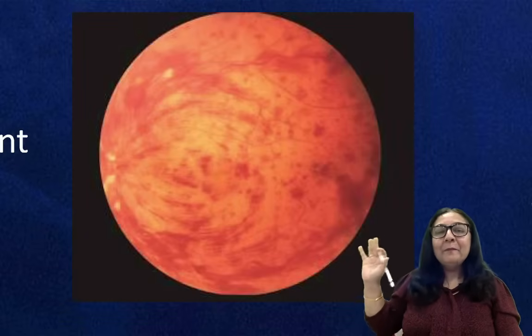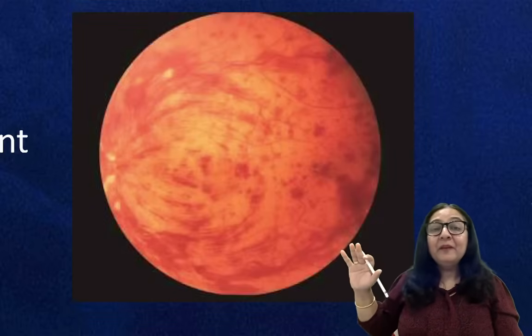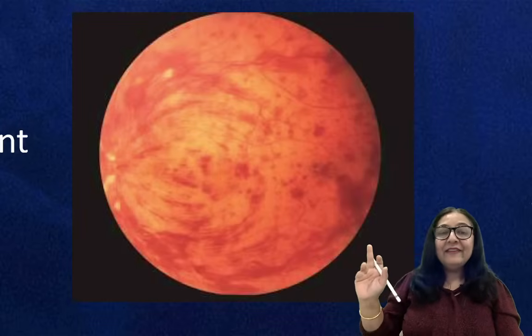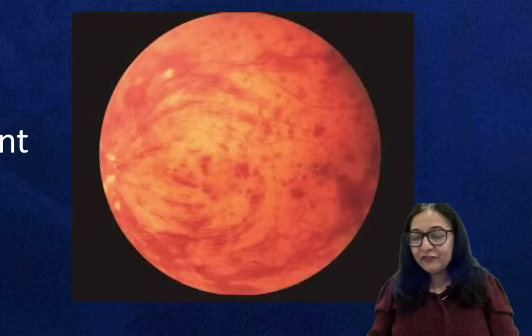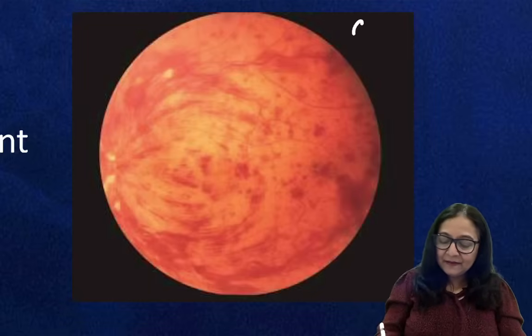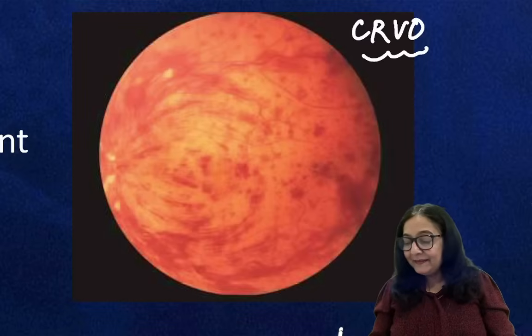You are seeing multiple retinal hemorrhages splattered all over the retina, flame-shaped hemorrhages as well as dot blot hemorrhages, which is giving a tomato splash appearance to the retina. So your diagnosis is central retinal vein occlusion. Agree with this?